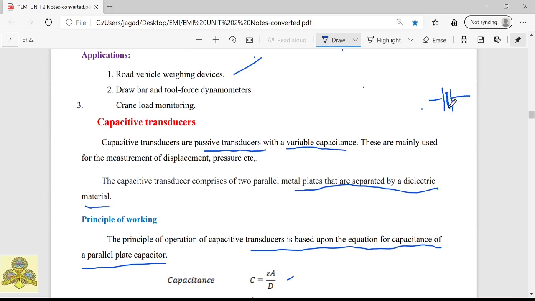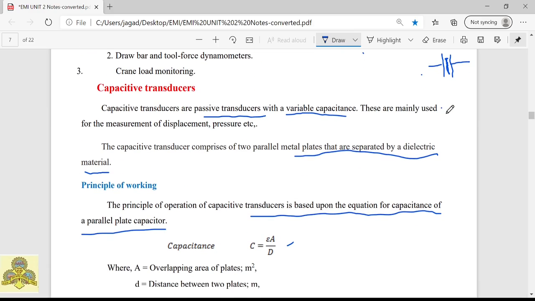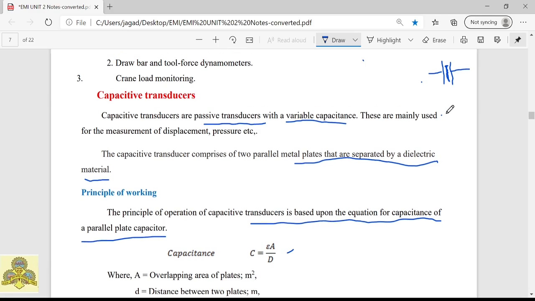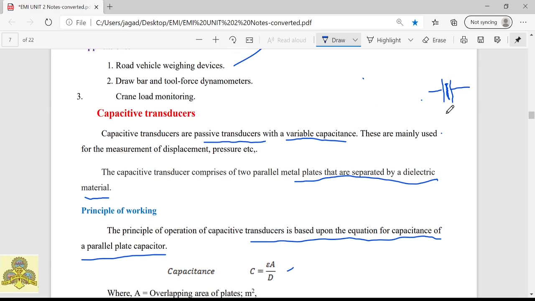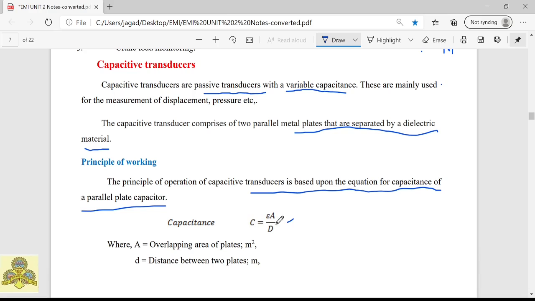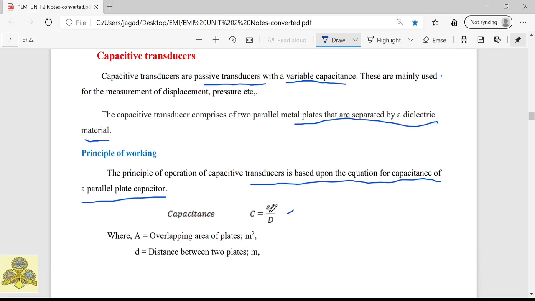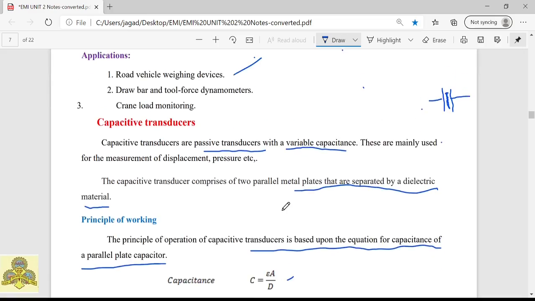The material we use between the plates can be free space, air, or any other dielectric material, depending upon our requirement. So C equals epsilon naught A by D, where epsilon is the permittivity, A is the overlapping area of the plates, and D is the distance between the two plates.